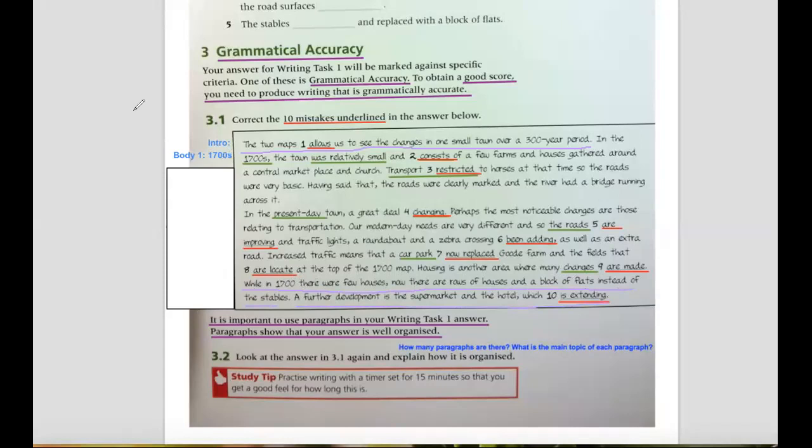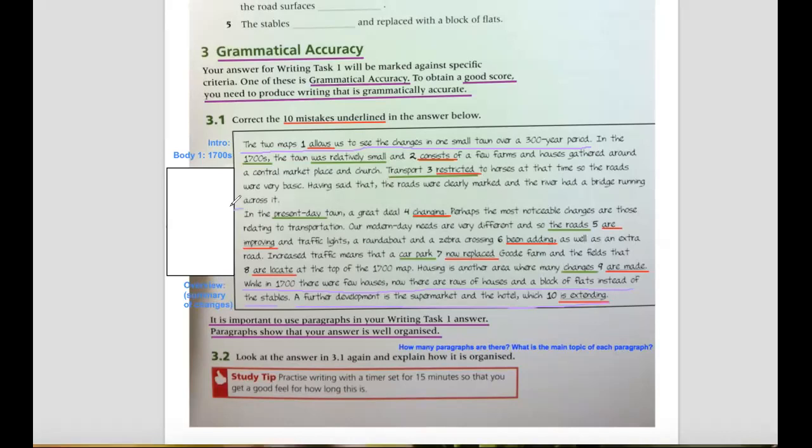So it goes at the end for maps, and it just briefly describes the changes, okay, the main changes that have happened. So again, we don't put it after the introduction, we put it at the end. We describe the changes in detail, and then we summarize the main changes.